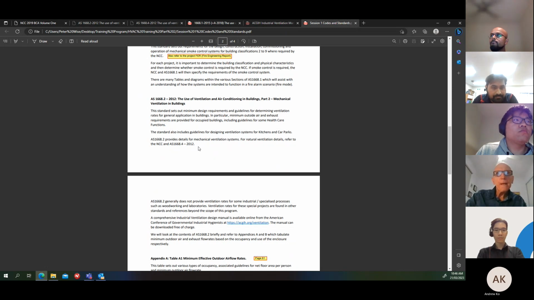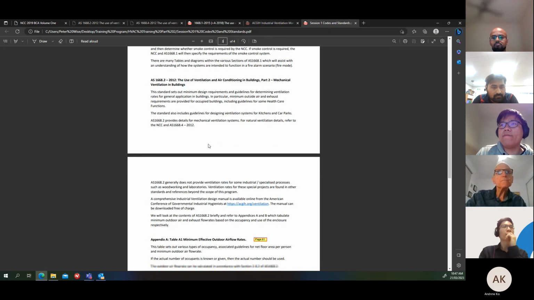If you do a hospital, there are separate codes for hospitals, which set out the mechanical ventilation requirements in each state. They tend to be a little bit different. So don't just rely on AS1668. You need to look at the hospital codes as well. Part 2 is for mechanical ventilation. Part 4 is for natural ventilation.